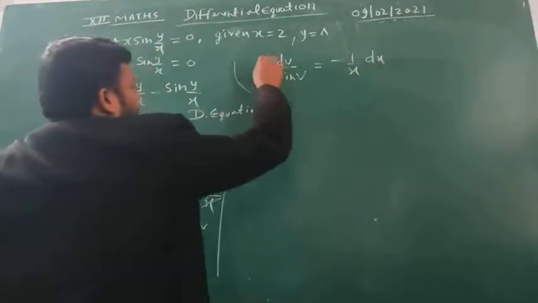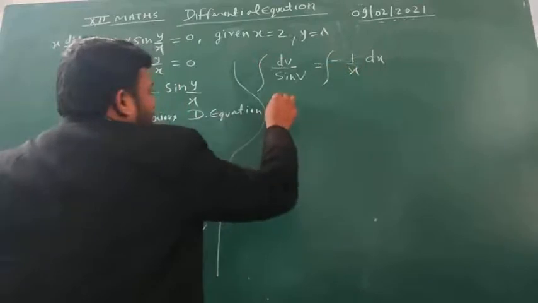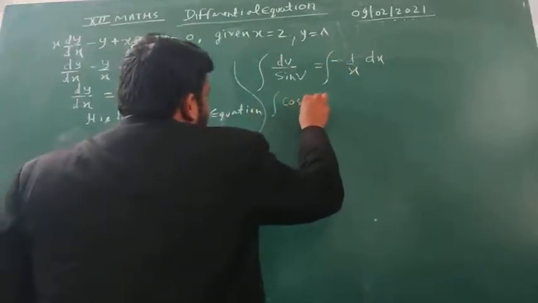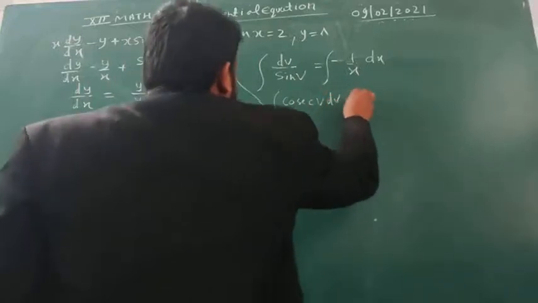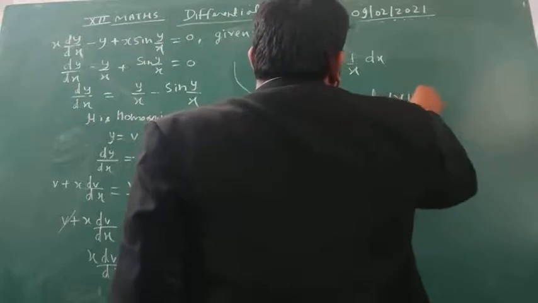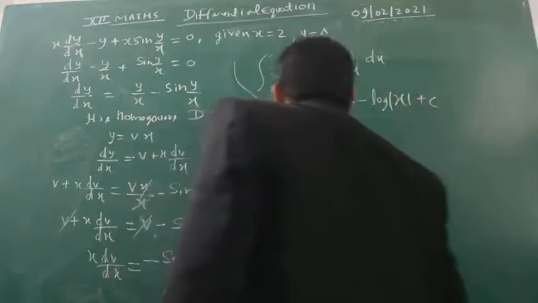Now students, we integrate both sides, we get the integral of cosec v dv is equal to minus log of x plus c.